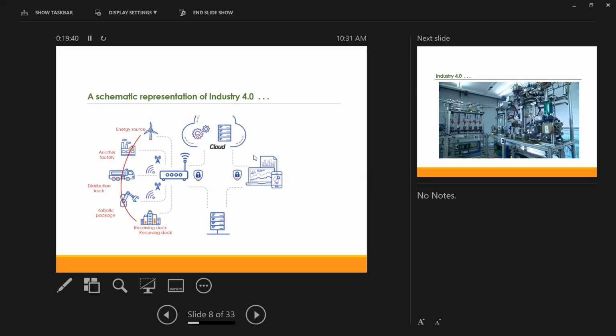And that is as a result of this powerhouse algorithm that has been developed. The algorithm is constantly learning from the data it's getting, and from that data it makes very cognitive, informed decisions that should take place on the shop floor in the industry. So this is close to Industry 4.0.